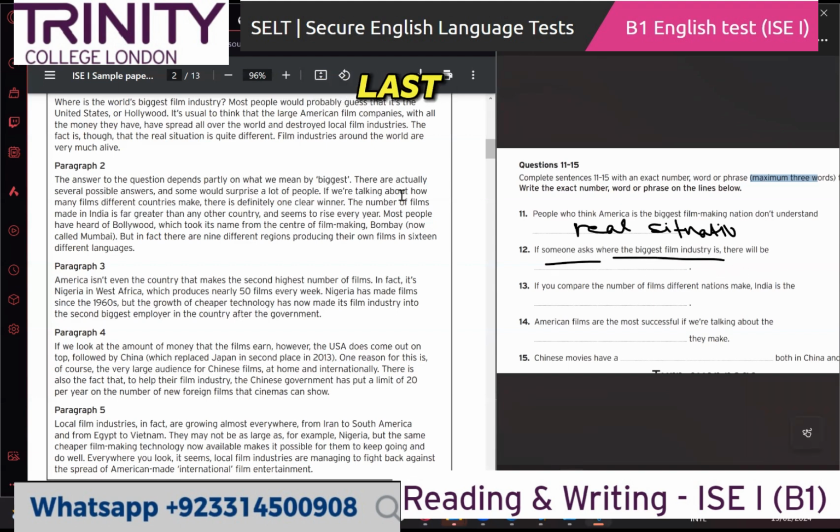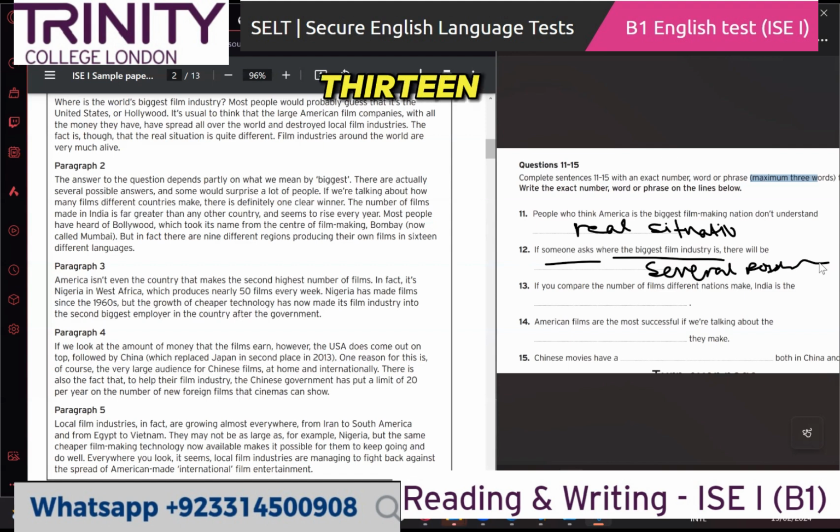There will be a blank. There are actually several possible answers. So in the blank, you will have several possible answers. Now, even if you get one answer correct, this means there's hope.